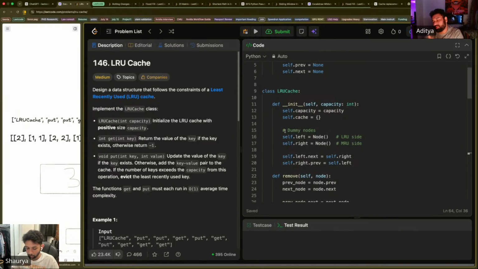Do you want to learn it right now? I will do it on my time, bro. Dude, this solution is only that. You have to understand those linked lists and that part, and then you can go through the solution. Otherwise, it will be really difficult for you to understand it.